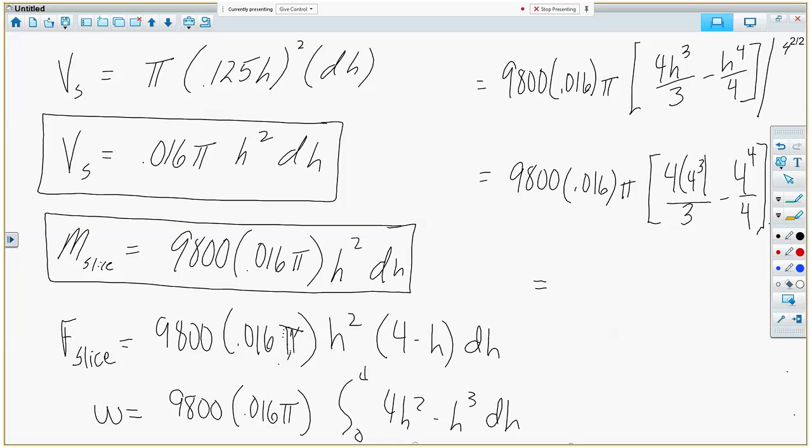All right, let's go with 156, so that's okay. 156 pi times, and somebody crank this out to a number, please. Did everybody get 21.3?